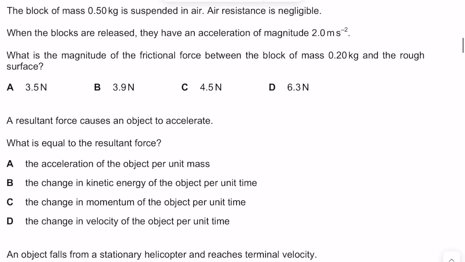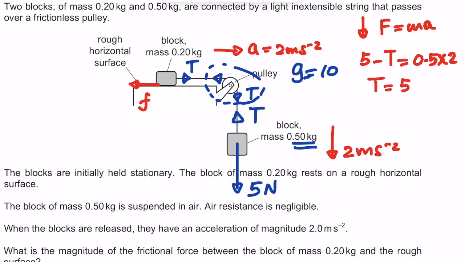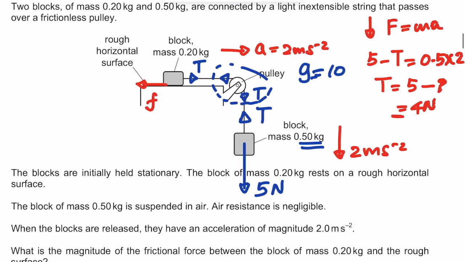Now I am trying to write the equation for the 0.5 kilogram mass. F equals ma. Downward 5 minus tension. Mass is 0.5. Acceleration is 2. Okay, from here tension equals 5 minus 1 is 4 Newton, right? But that's not what they are asking. They are asking about the friction, but we need this tension to find the friction. So I am going to use it later.